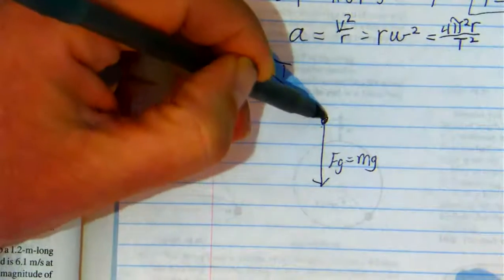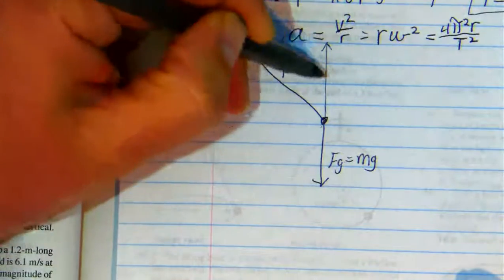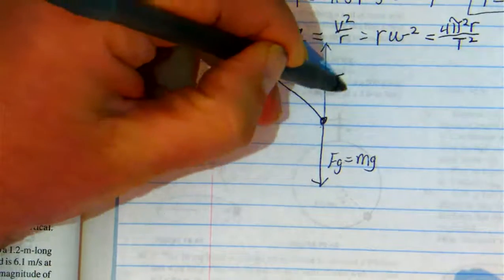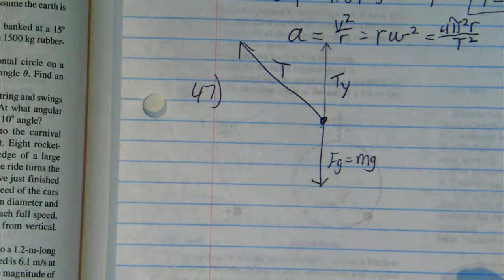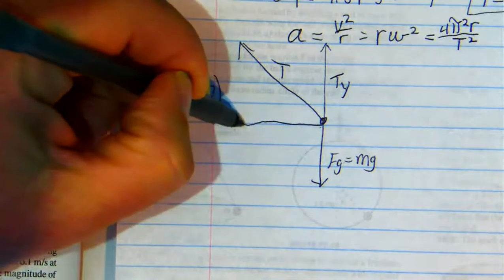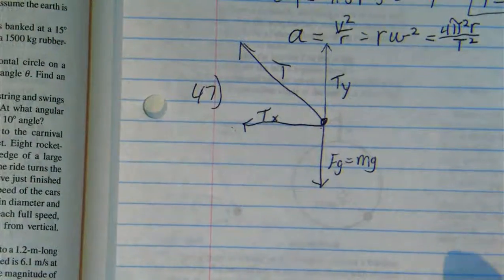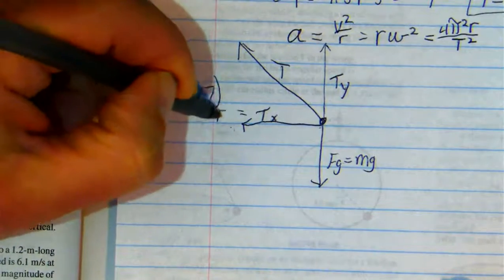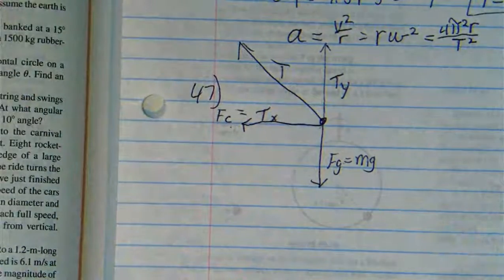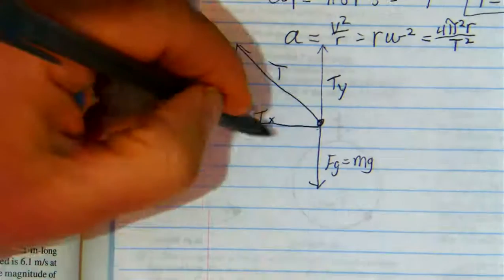Of course, the tension must always have a vertical component equal to the weight of the object under all conditions. The horizontal component of the tension, T sub x, I'll call it, is the centripetal force to cause this thing to keep going around and around and around in a circle of radius r.